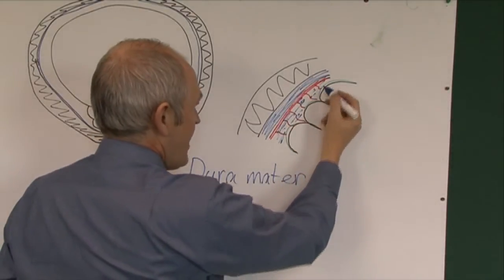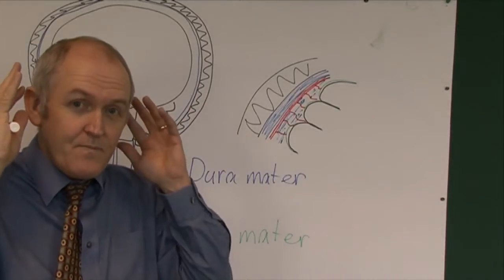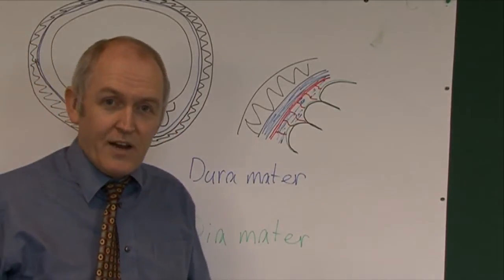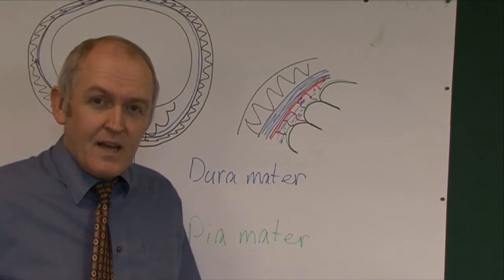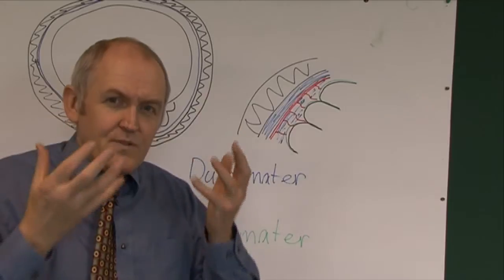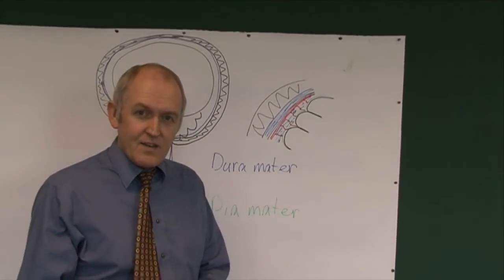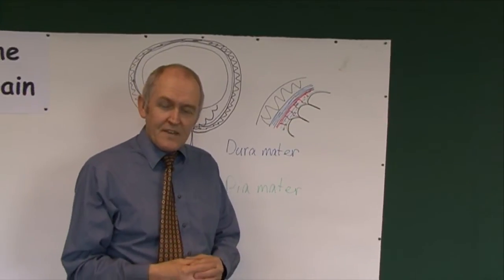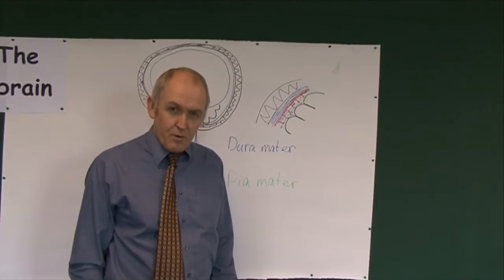And this cerebrospinal fluid, as the name implies, surrounds the cerebrum, and it also surrounds the spinal cord. And because it's going all the way around the brain, this essentially means that the brain is floating in cerebrospinal fluid. And this is very important because fluid is an excellent shock absorber.